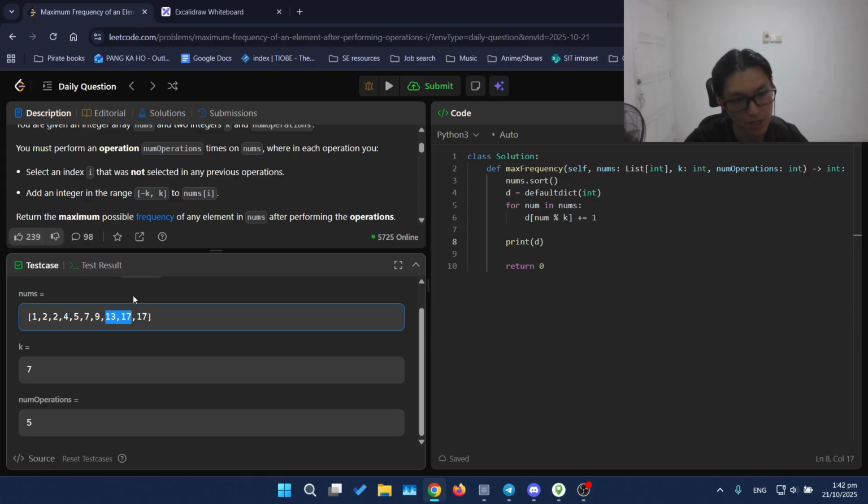Okay, maybe the input is a little bit too big. Let's say this is like 4 instead. This 3. Right? There's 1, 2, 2, 4, 5. Okay, sort it out. Oh, that's not the one.